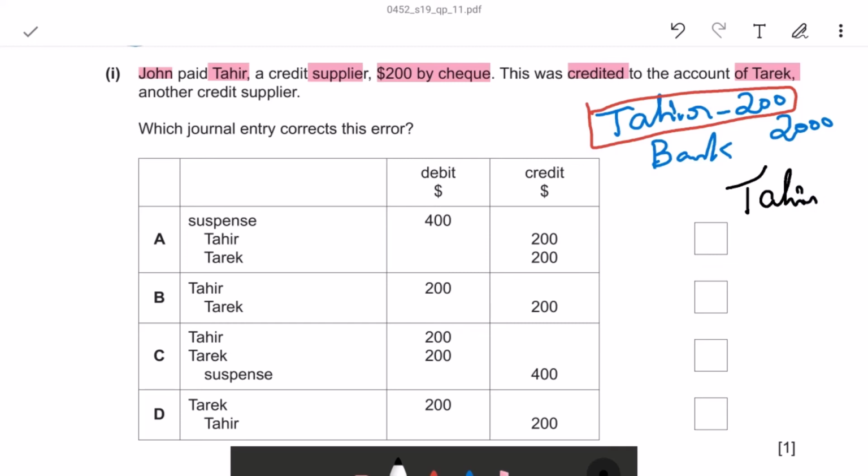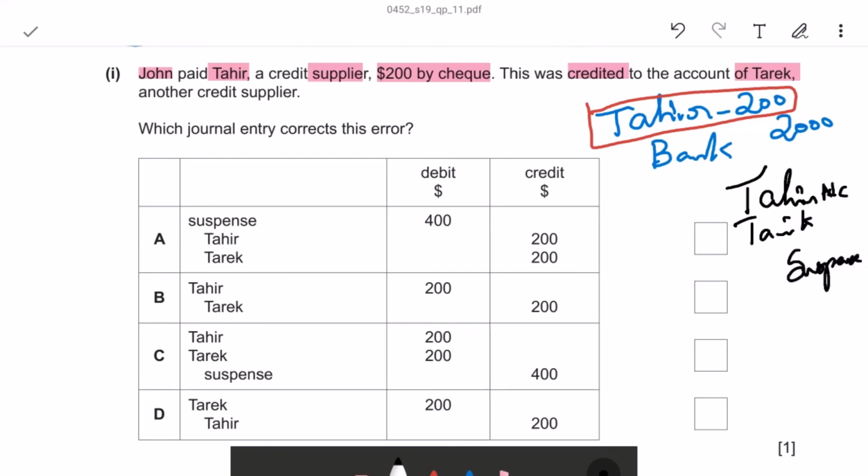Again, Tariq is on the credit side. Now we have to remove Tariq from the credit side. To remove it from the credit side, we put Tariq on the debit side. So Tahir account debit, Tariq account debit. Then the credit will be the suspense account.